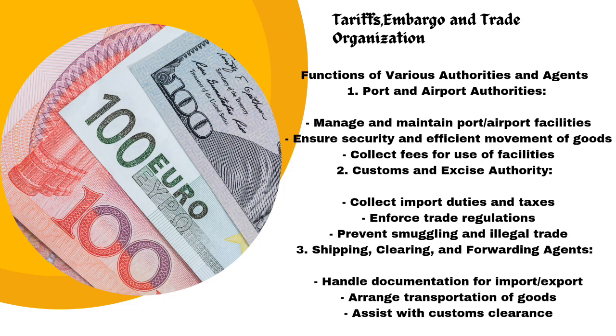What are the functions of customs authority? Prevention of smuggling, collection of data on import and export, collection of taxes, which is the main job, supplies of information to traders, implementation of government policies on restriction of goods. That means if government should place a ban on a particular goods, it is their job as the government agent to make sure that the policy stands, that no goods that are restricted enter the country.